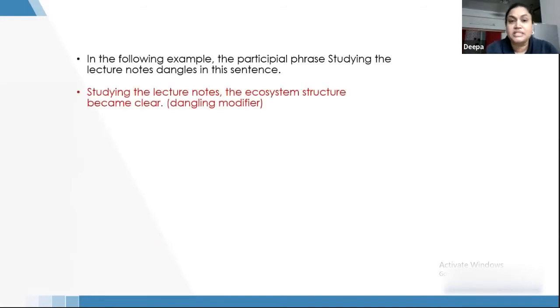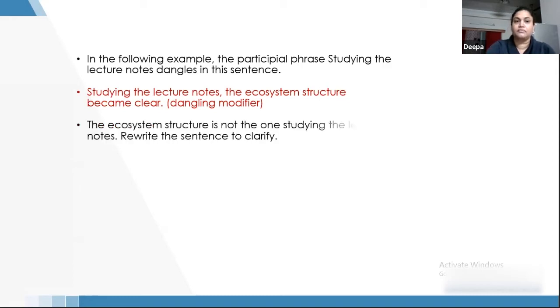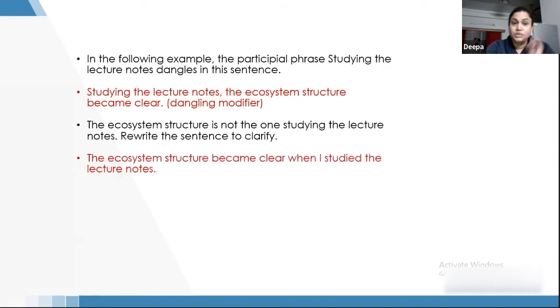Studying the lecture notes, the ecosystem structure became clear. This is again a dangling modifier. The ecosystem structure became clear when I studied the lecture notes.